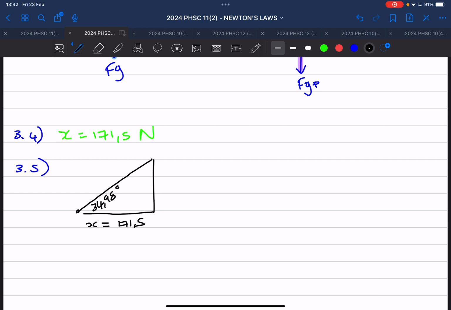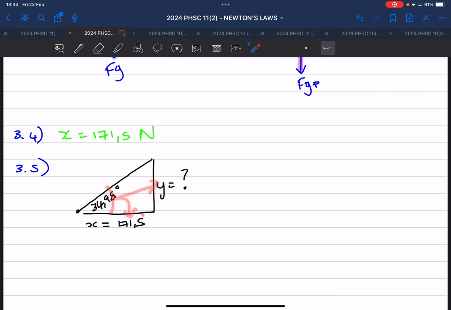And they want to know what is Y. Courtney, how are you going to calculate Y? You have this angle, you want opposite, and you have adjacent.